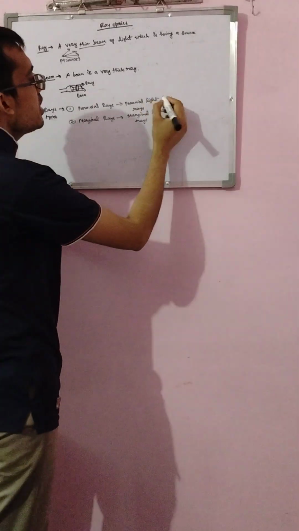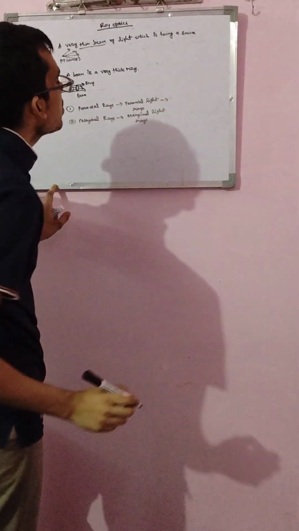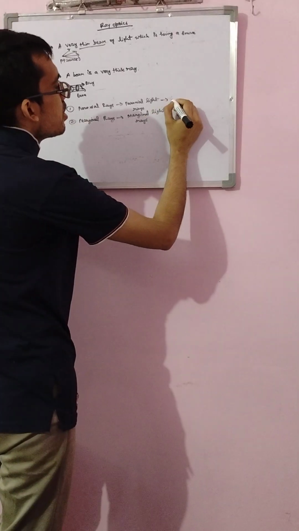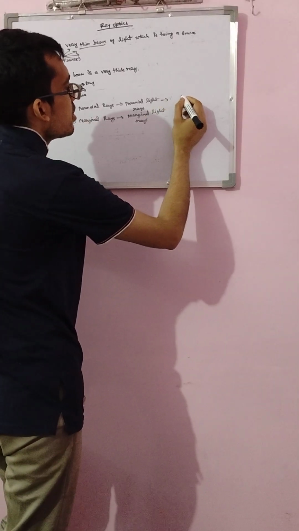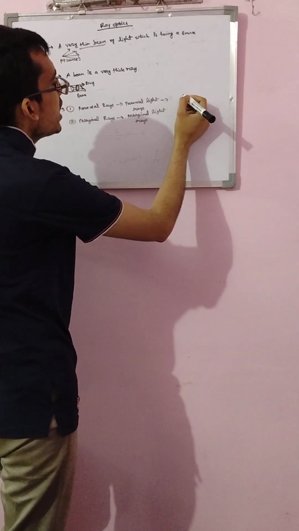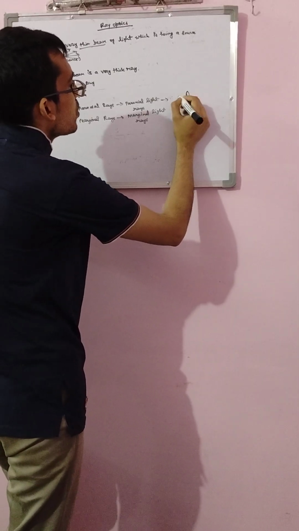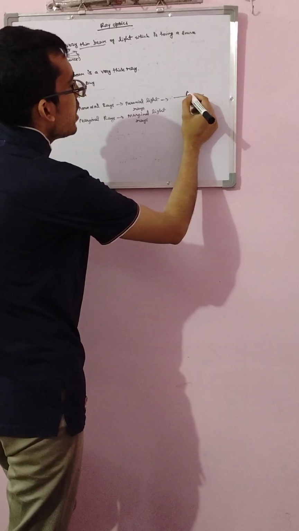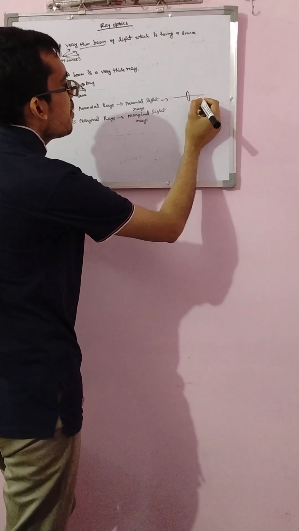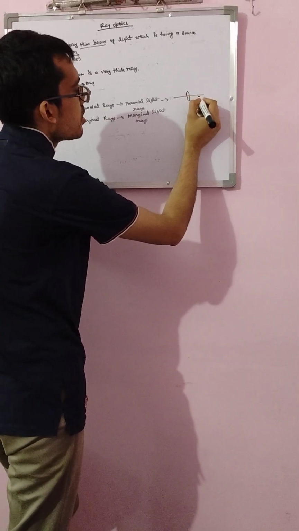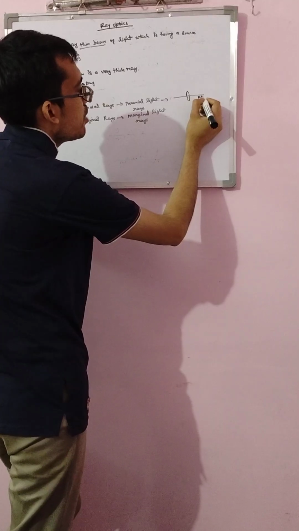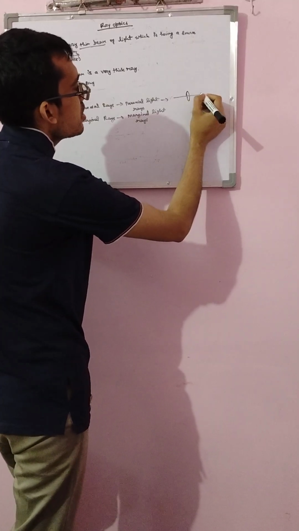So paraxial light rays are basically rays which, let's say, we can define with the example of a lens. We know that a lens has its axis. Let's say PA is the principal axis.